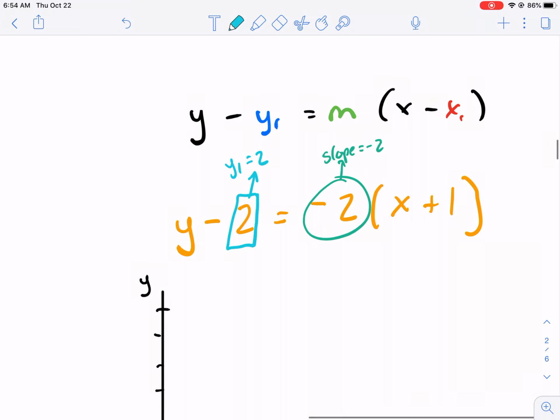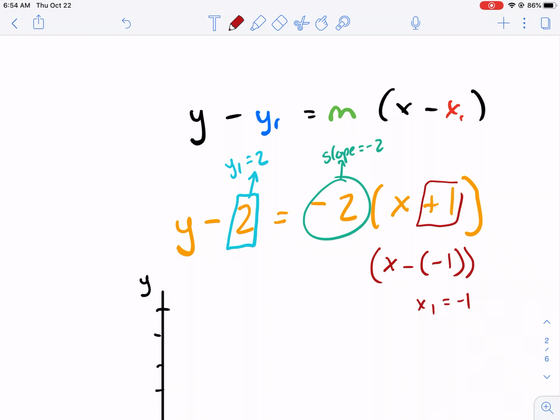So what does that mean for our buddy x over here? Well, we don't have a minus sign, so where'd it go? Technically, this could be rewritten as x minus a negative 1, because if you subtract a negative, it turns into a positive. So what is our x1 here? Our x1 equals negative 1.